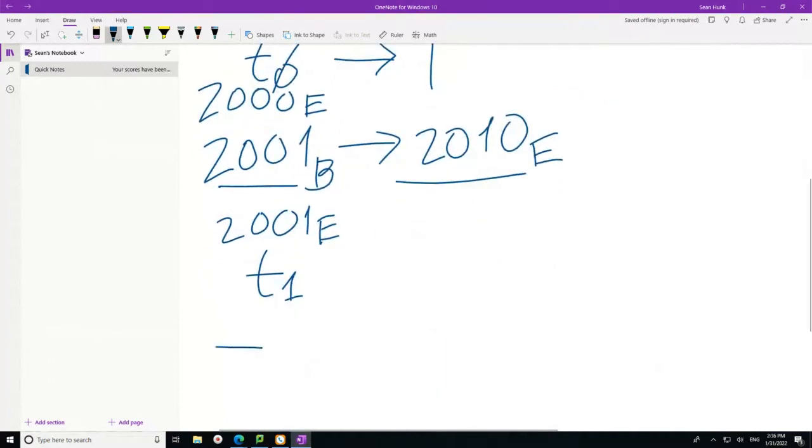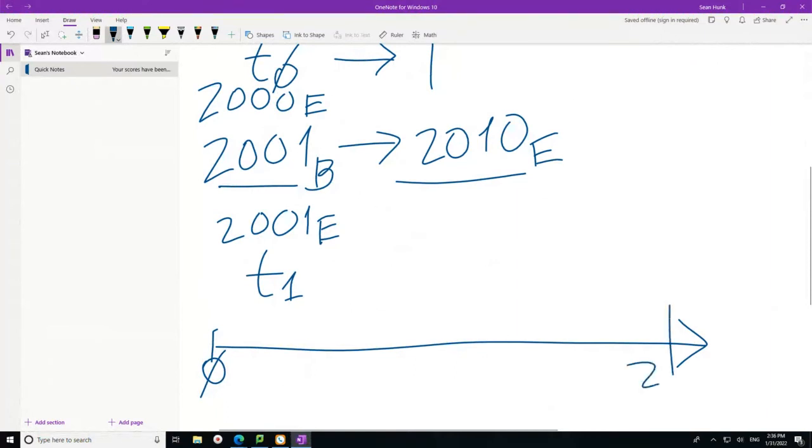So when we think about it, we can put this on a timeline, right? So this is time zero, right? And end of our timeline, end of 2010, right? And this is beginning of 2010. Beginning of 2010 is also the same thing as end of 2009, right? So that's the same idea.